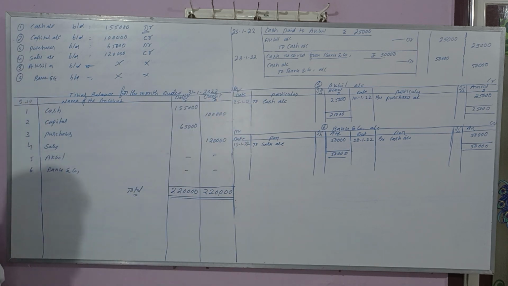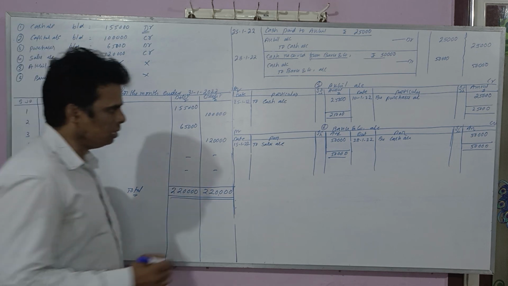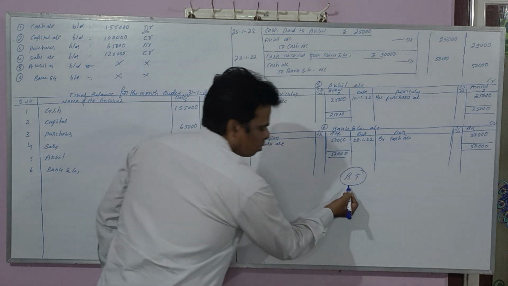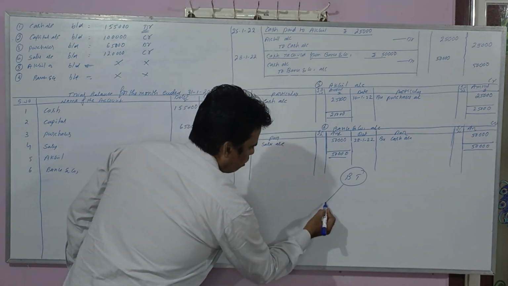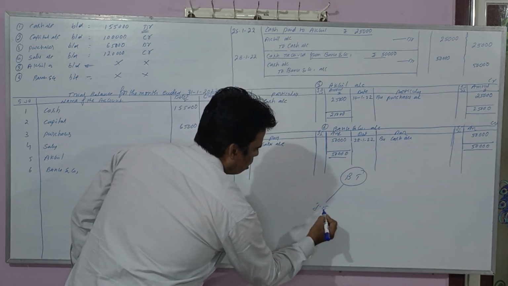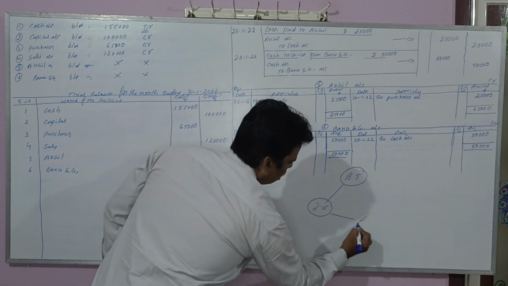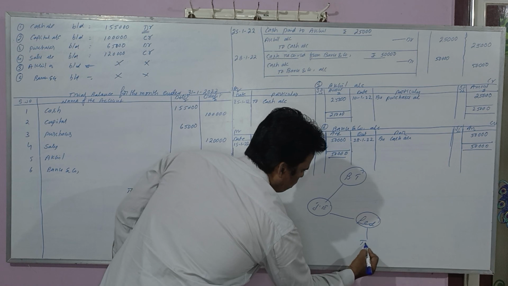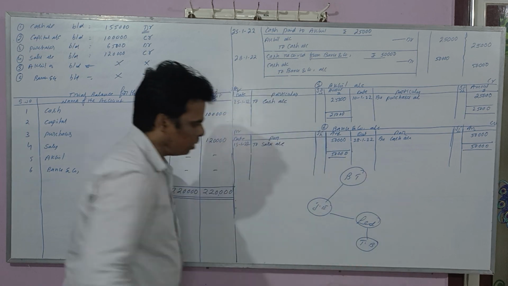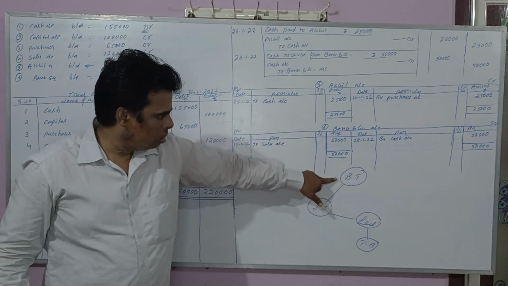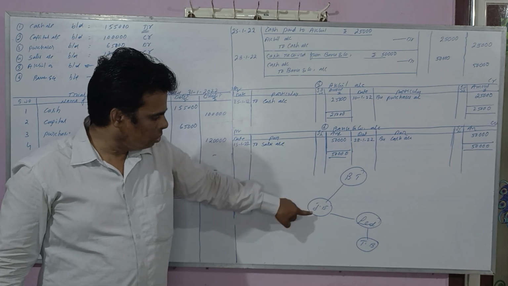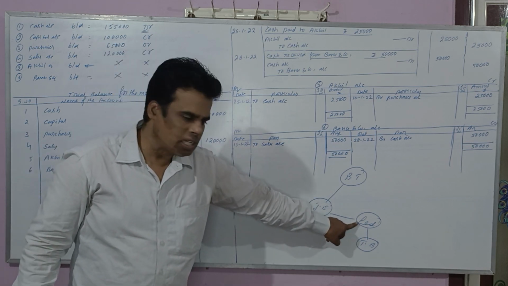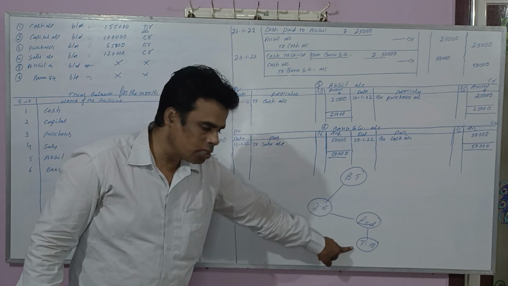So once again, the approach is: we take business transactions and prepare journal entries. After that, prepare the ledger, and after the ledger, prepare the trial balance. Now we have completed it. You know about business transactions, journal entries, how to prepare ledgers and balance them, and how to prepare the trial balance.